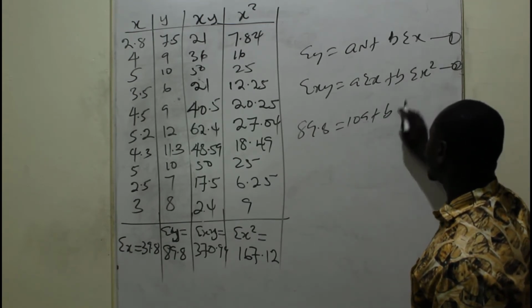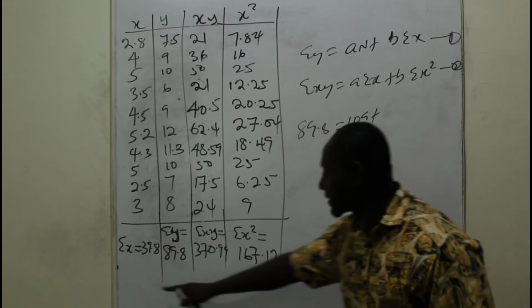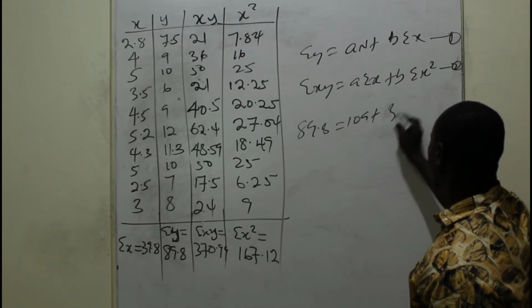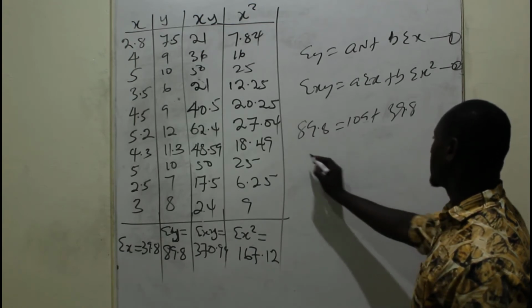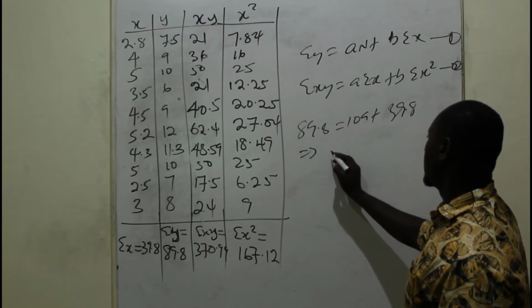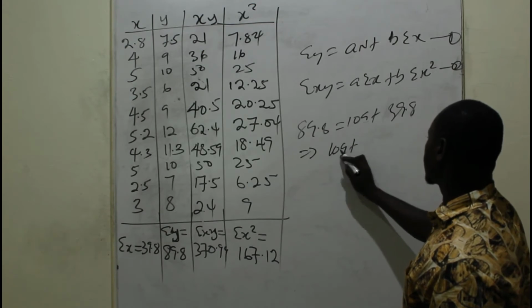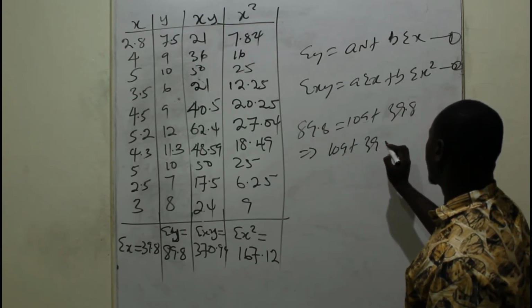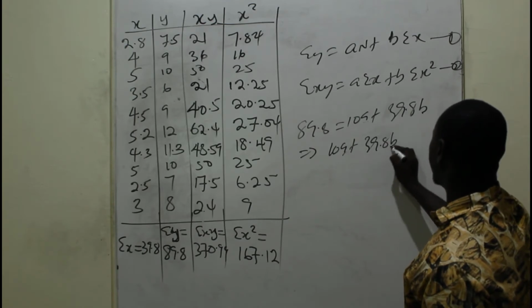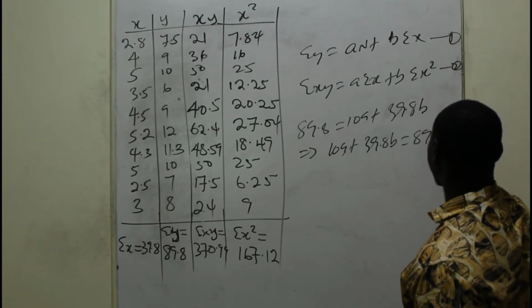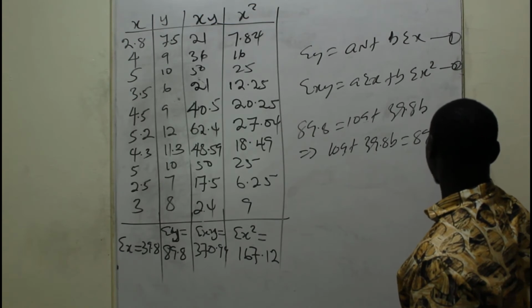But I know the summation of x. And what is the summation of x? 39.8. So if you want to rewrite this one, you can have 10A plus 39.8B is equal to 89.8. Let's name this one as equation 3.